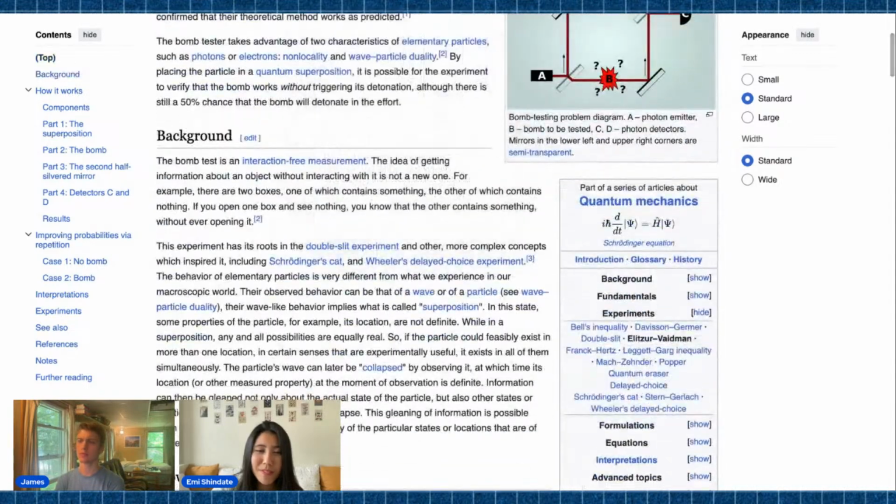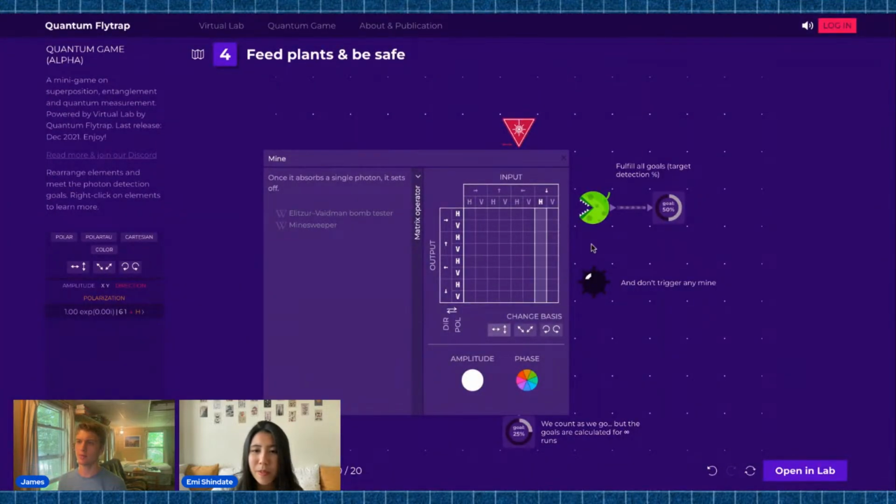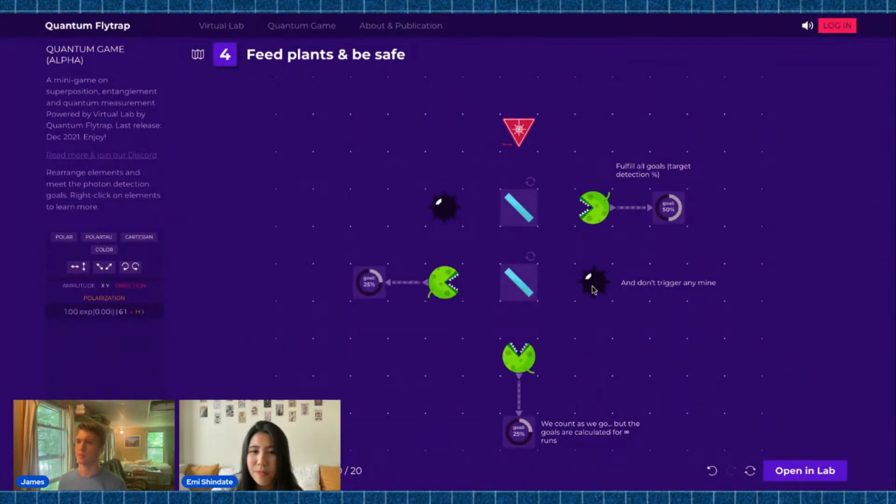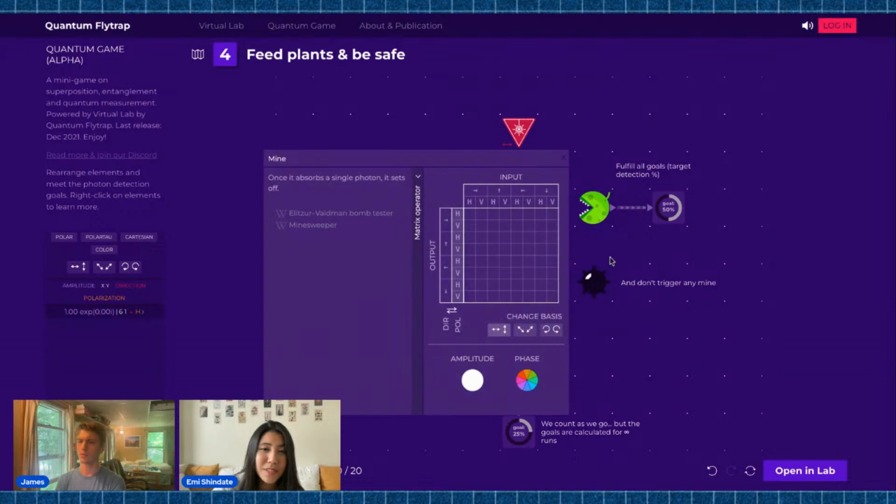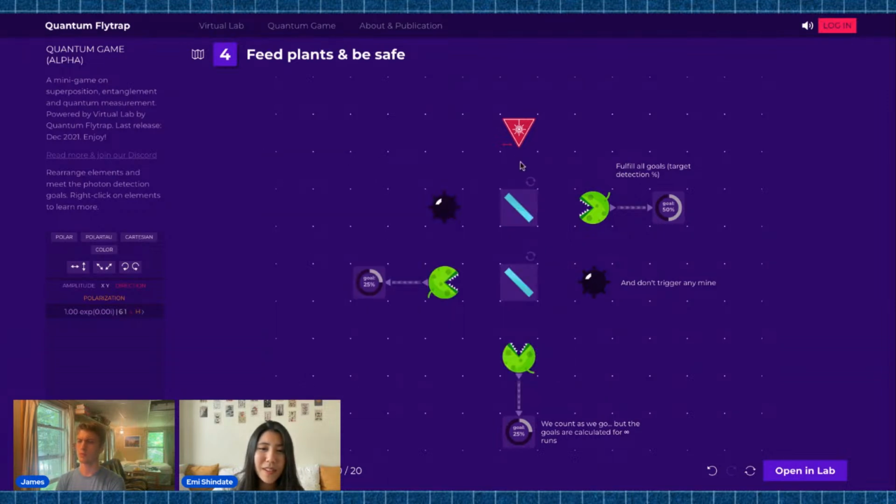Okay, so the whole purpose of this, in our Flytrap example, is that when we have these mines placed in random places, if there is any probability at all of the photon getting there, even though it isn't predetermined to trigger the mines, it would still explode.